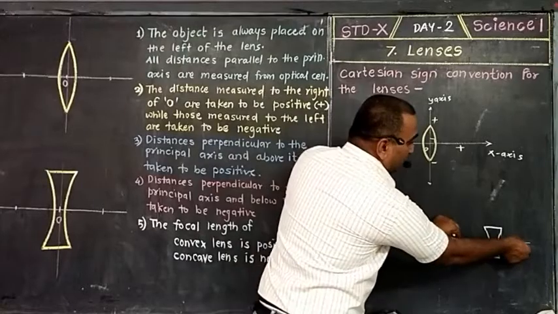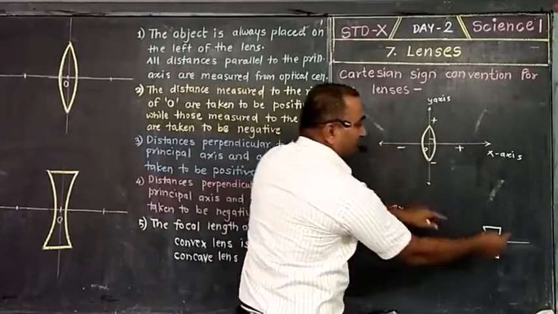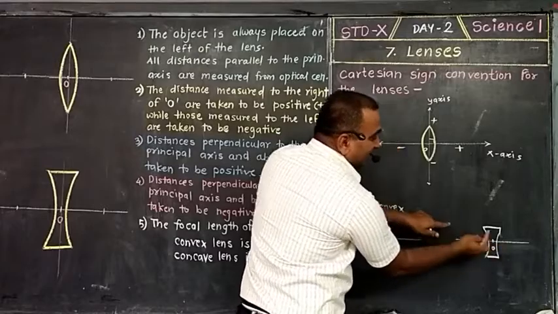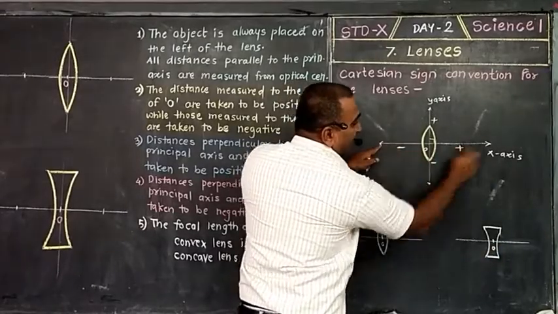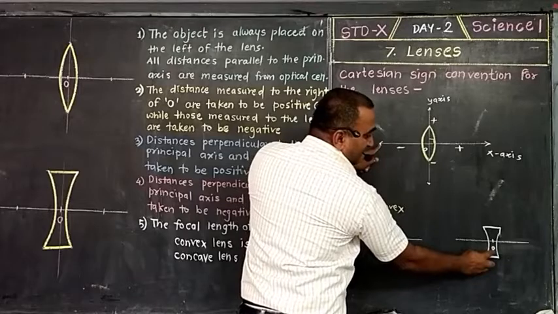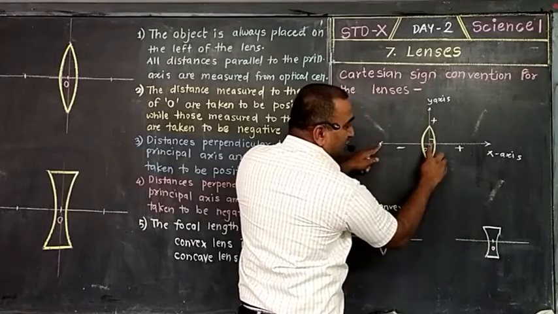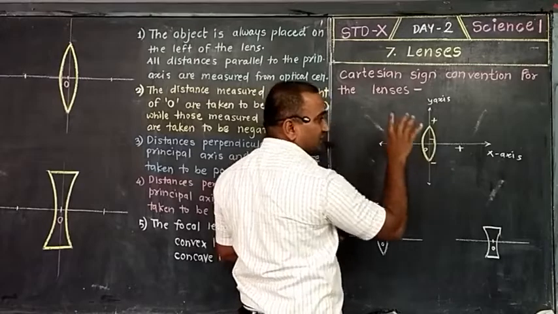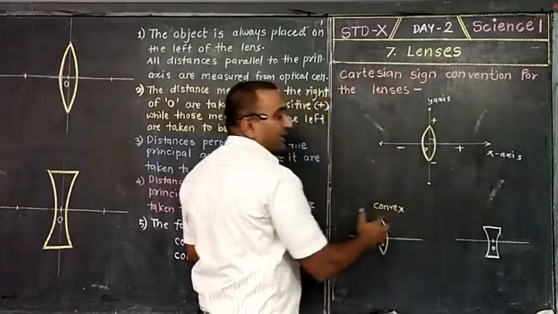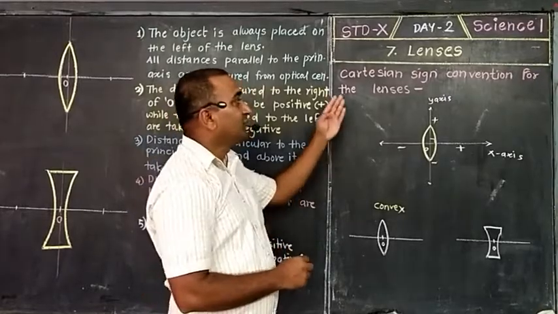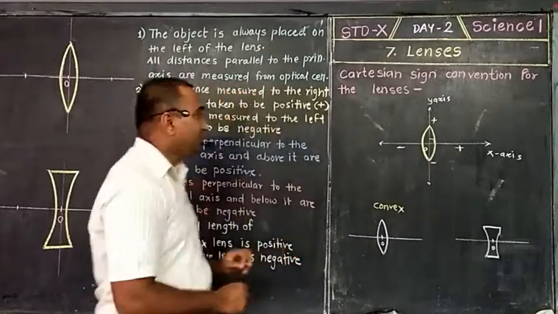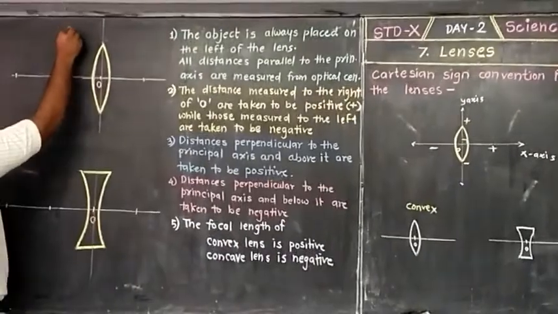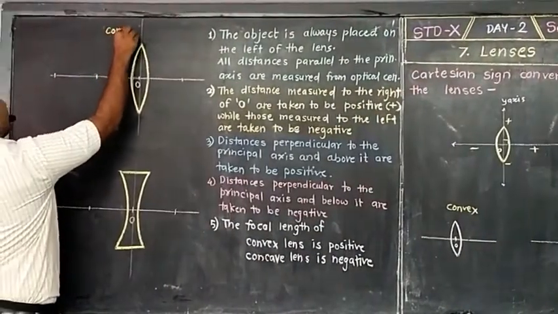If you place this diagram, the principal axis goes on the x axis such that the optical center matches the origin. Then we discuss the sign conventions for lenses. See here, there are two lenses. The first lens is the convex lens.